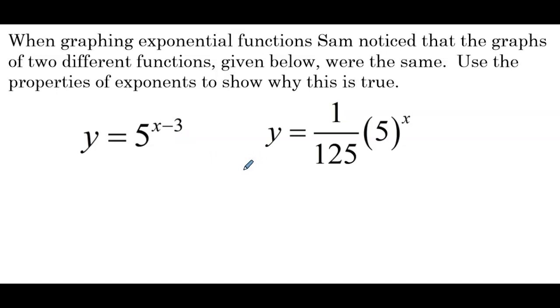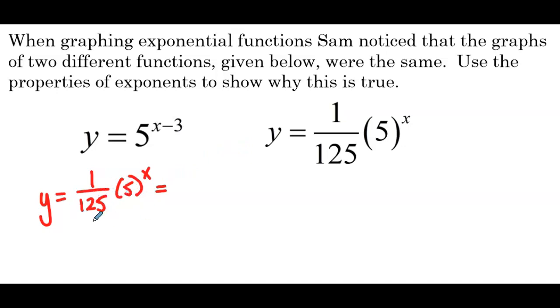Again, it doesn't matter which one we start with, but let's start with y equals 1 over 125 times 5 to the x. The only reason for a preference is if you see a way to manipulate one of these functions over the other, I would start with the one you notice what you can do.